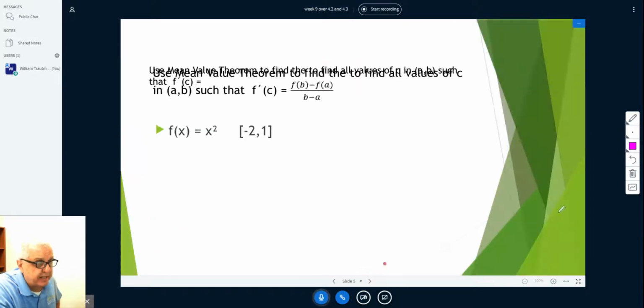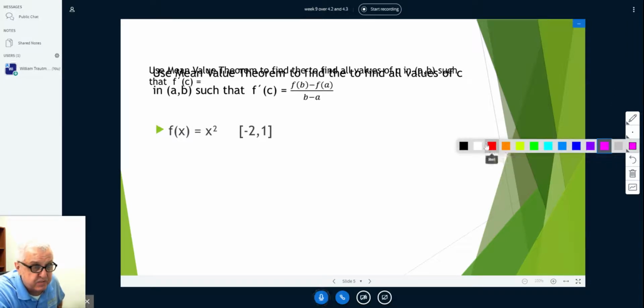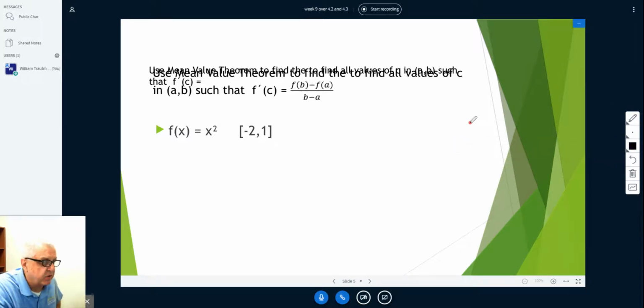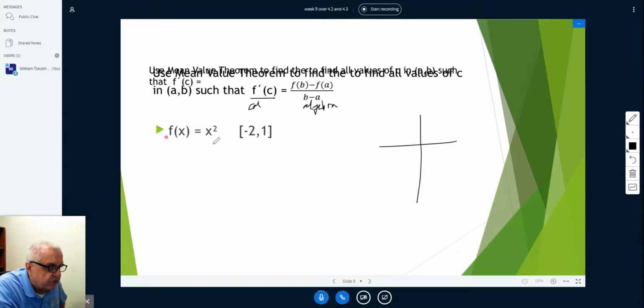So let's try an example here. And I apologize for the way that for some reason it didn't convert correctly. Once again, this is the calculus way of finding slope. This is the algebra way of finding slope. So, and this is very basic graph. The function is x squared.